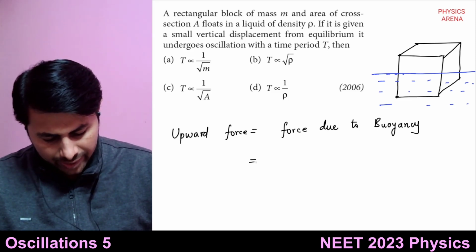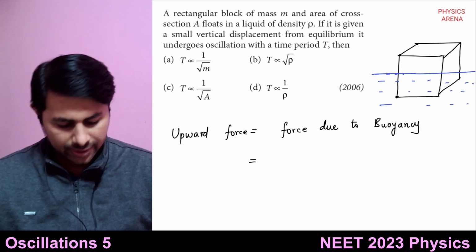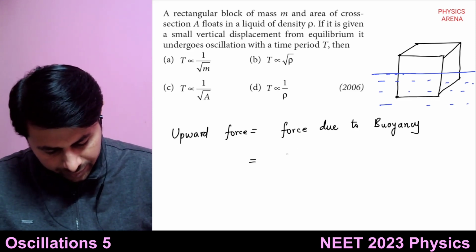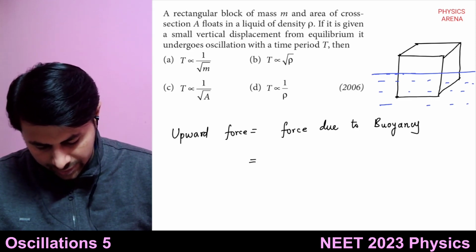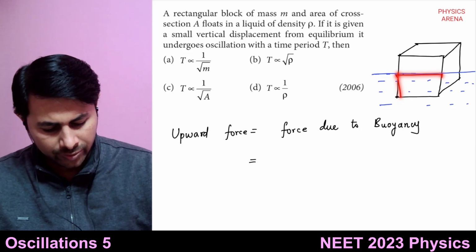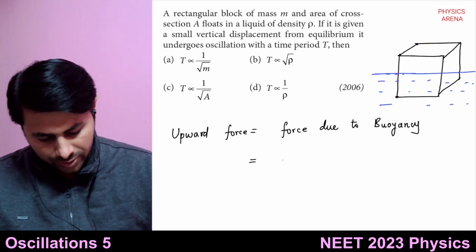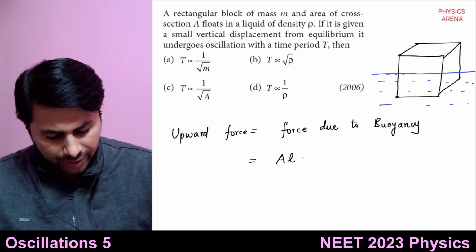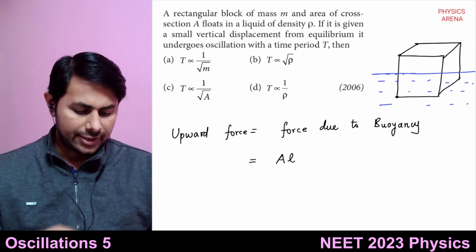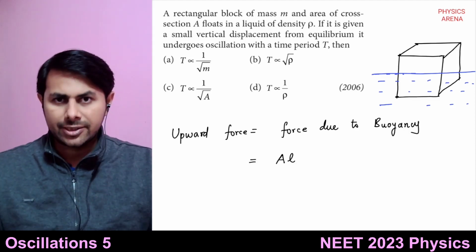And it is equal to the weight of the liquid displaced. So how much is that? It is density multiplied by volume. This much would be the volume. Suppose this is the area A and this much length is L. It is A into L multiplied by the density. So this is the volume that is immersed in the liquid, so that much liquid gets displaced.